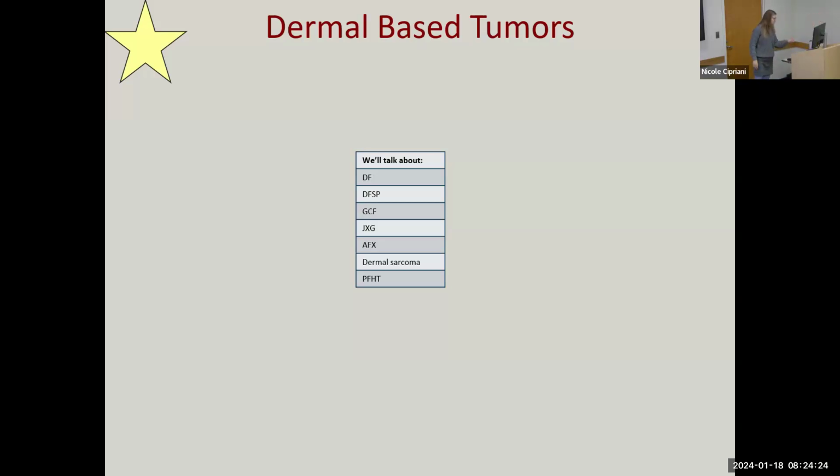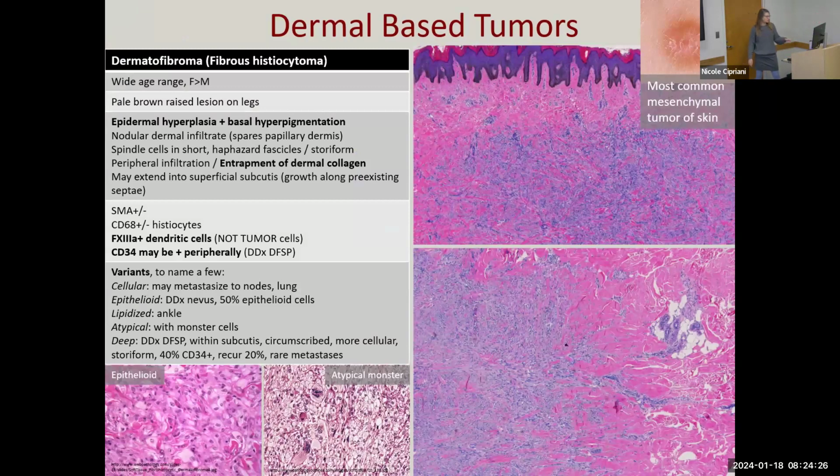Okay. So remember that soft tissue tumors can occur in the skin, and we work with derm a lot if and when we need to. So probably the most common thing you're going to see is a dermatofibroma or a fibrous histiocytoma. Many of us probably already have those little raised, hyperpigmented bumps on our legs.